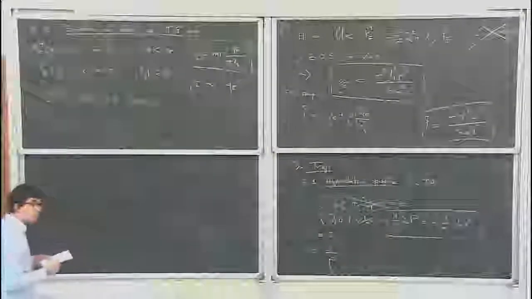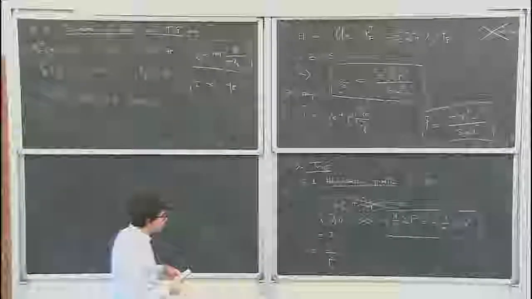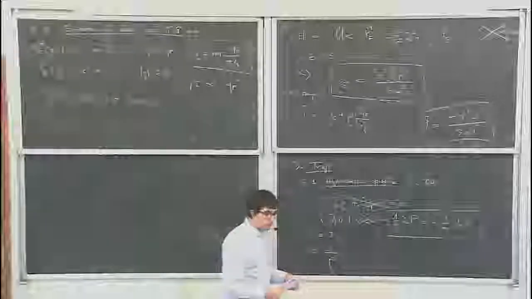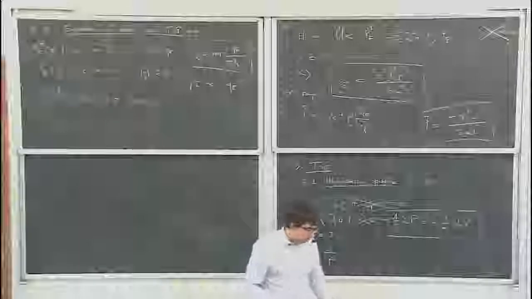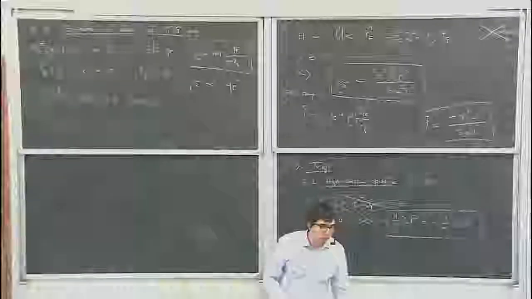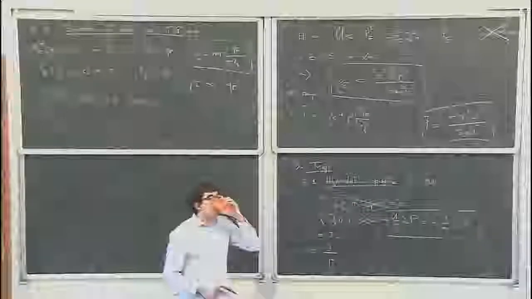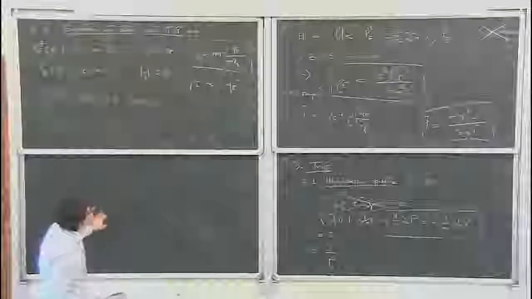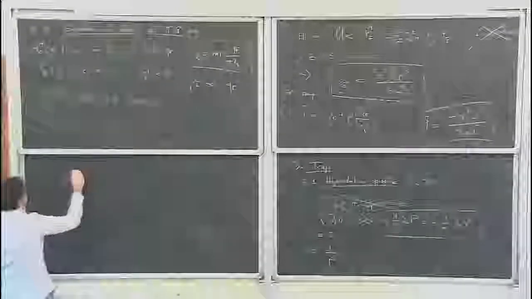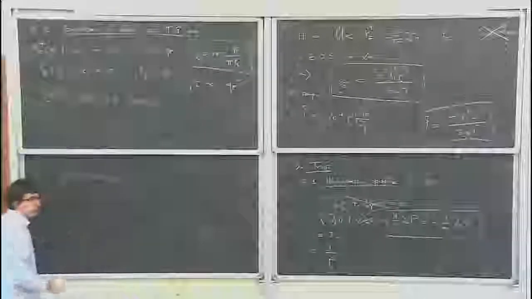Is this model Galilean invariant? Yes, it is Galilean invariant, because the interaction term is of the form V of x1 minus x2, for two particles at x1 and x2.